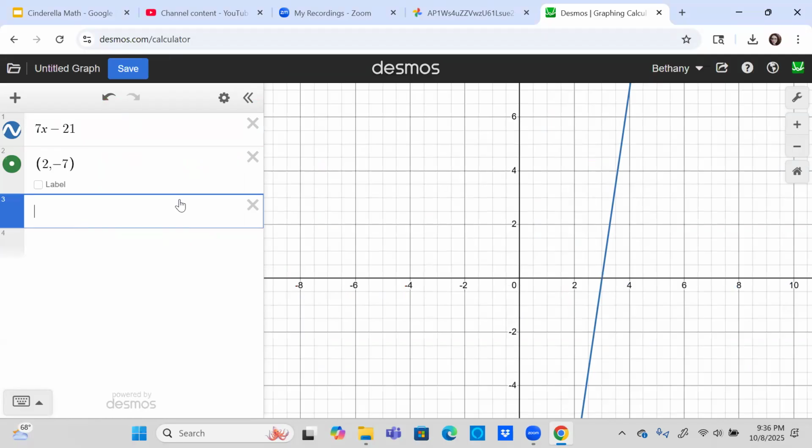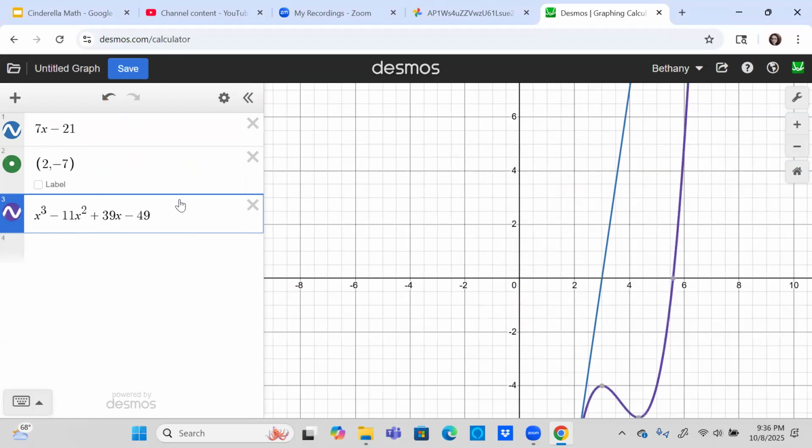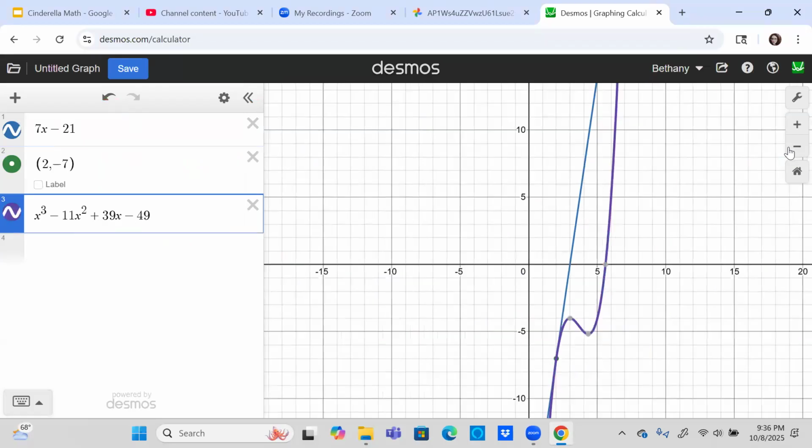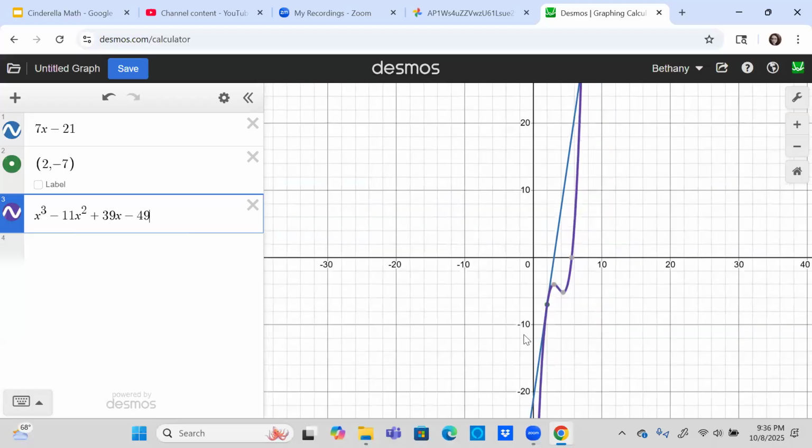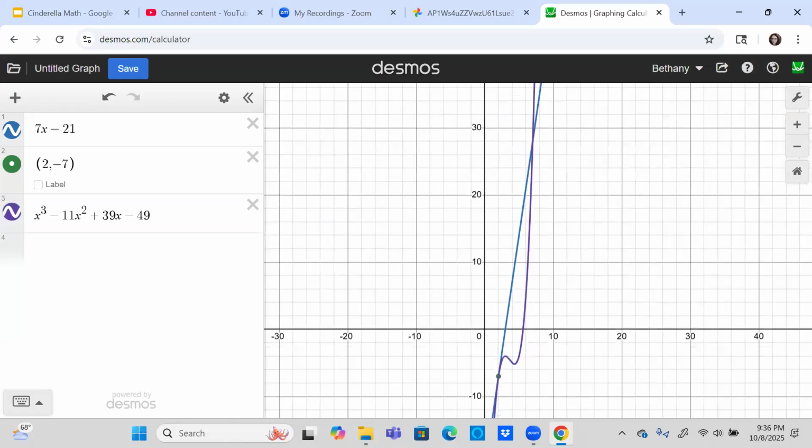This is 38. It was x cubed minus 11x squared plus 39x minus 49. All right. Yep, that looks fine. Looks like that's tangent to the point of interest. Yep.